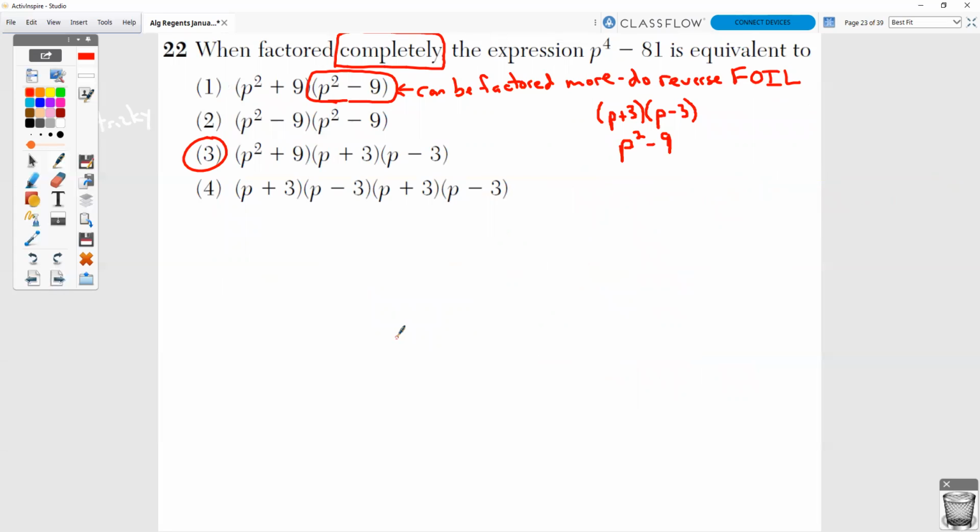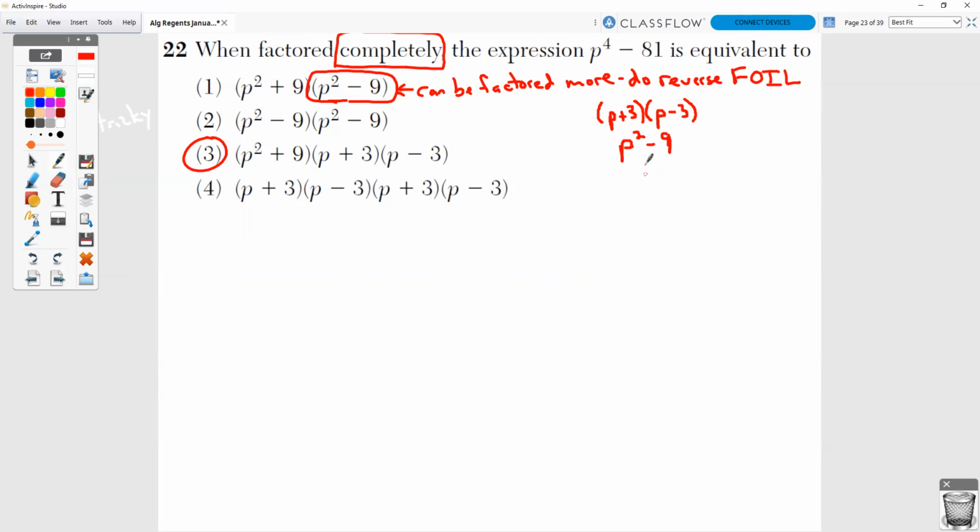In question number 22, tricky question here. Which factor, when factored completely, that's a key word here, the expression p to the 4th minus 81 is equal to what? Now, technically, this is equal to that, but it's not factored completely. All right, you could do more to this term.